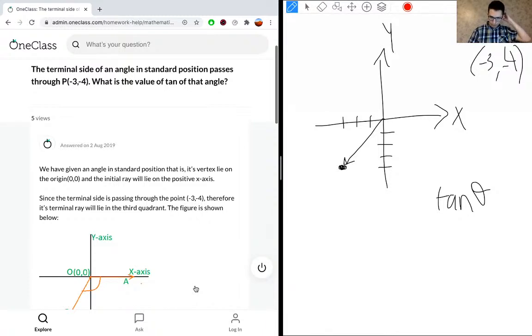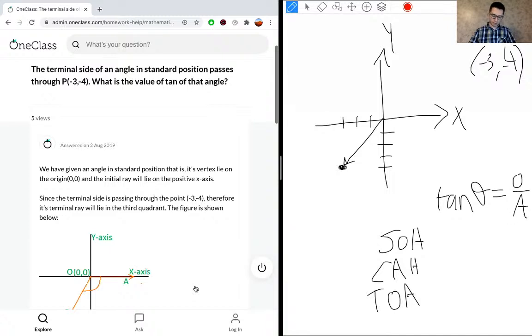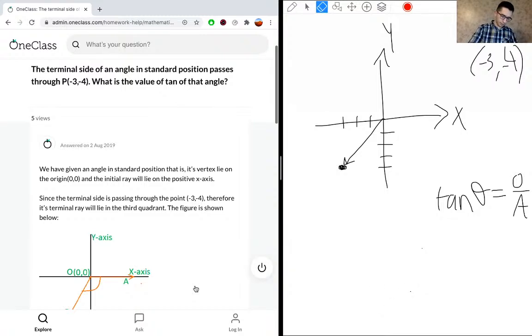Usually when you're doing this, for tan, we know the mnemonic SOHCAHTOA. Here, TOA is tangent is equal to opposite over adjacent, so we know tan theta is equal to opposite over adjacent.